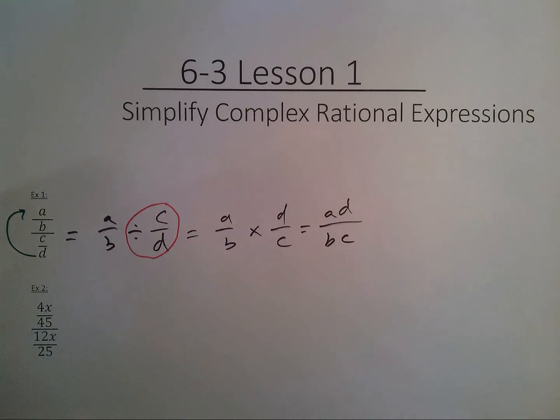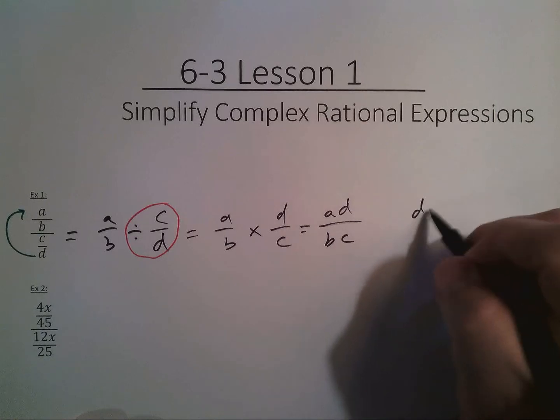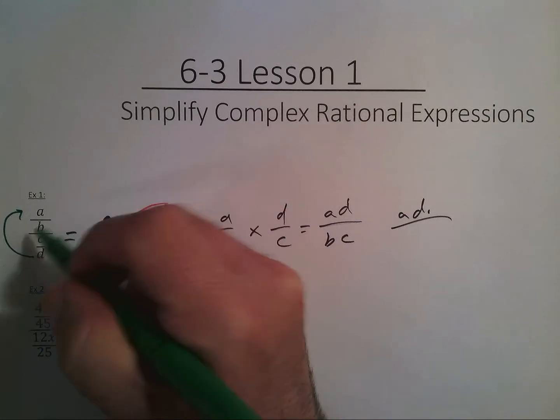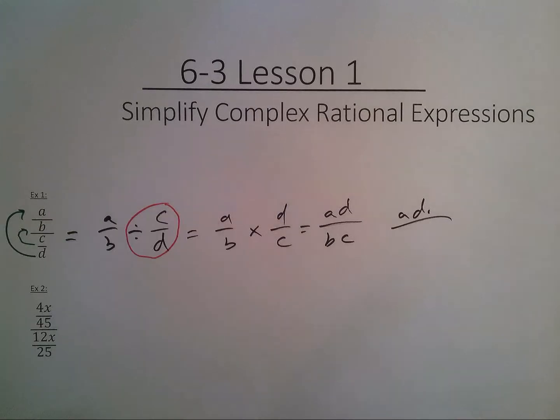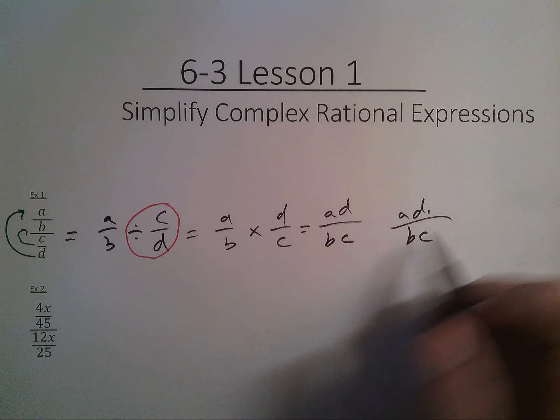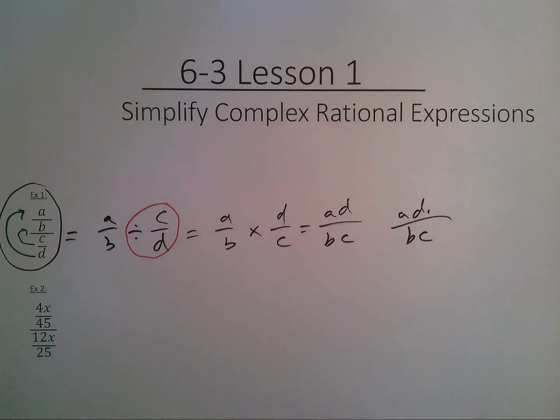In other words, I took A and multiplied it by D. Then I took the middles, the C and the B, and multiplied those together, so on the bottom I get B times C. That's the shortcut, using the bottom with the top and the mids with the mids.